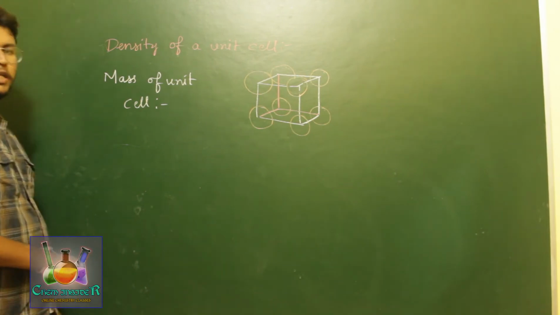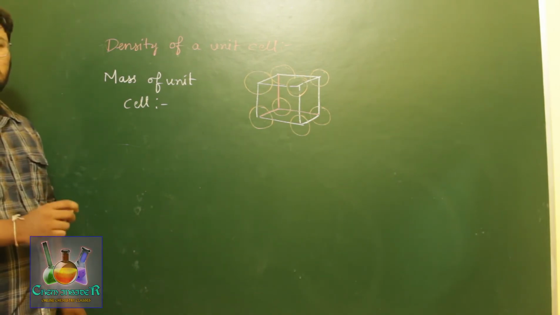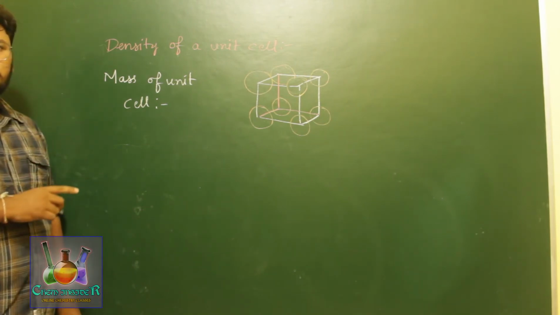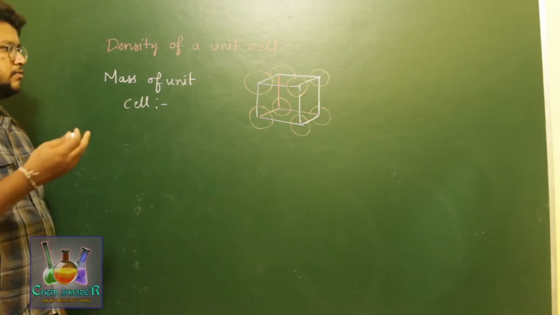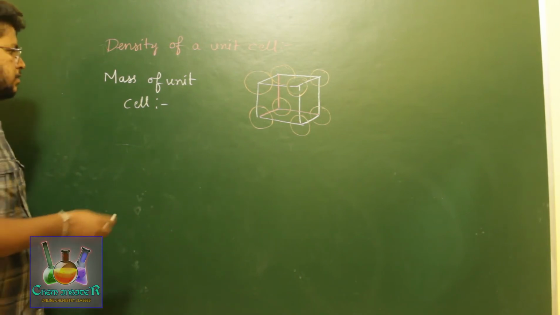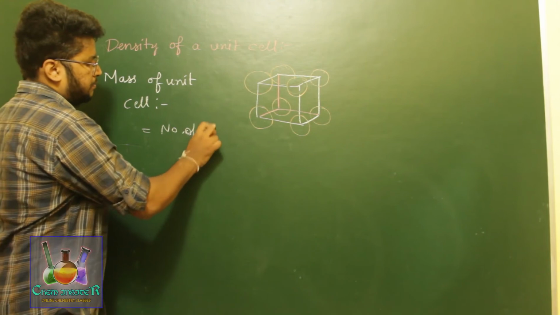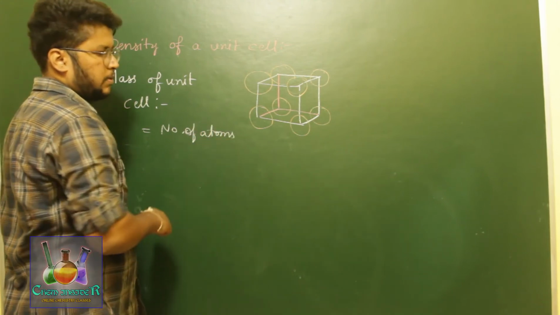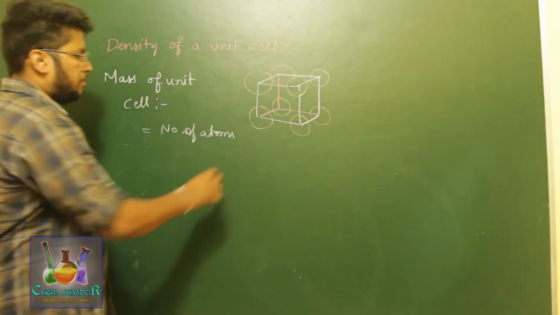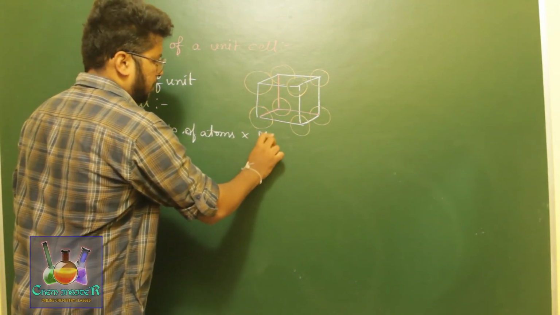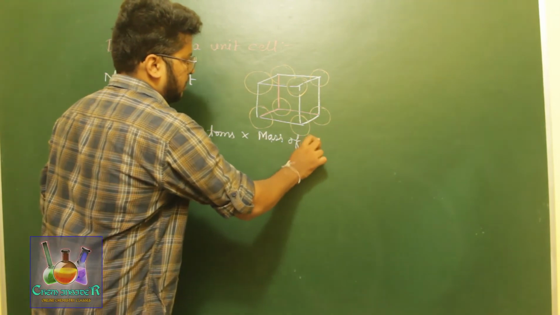Mass of a unit cell is the mass of each atom multiplied by the number of atoms present in it.